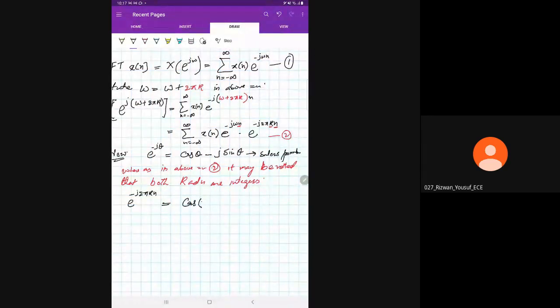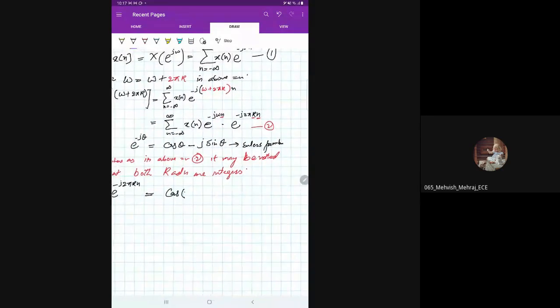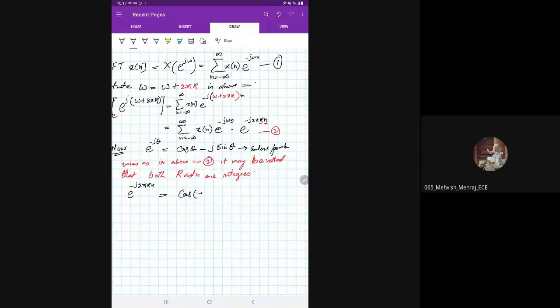Cos of theta, what is the theta? Minus j omega n, so minus j 2 pi kn. 2 pi kn, that is the theta.